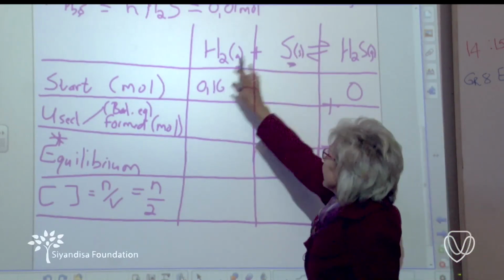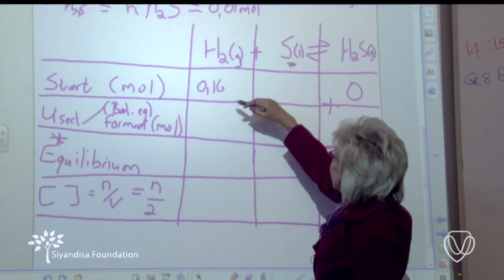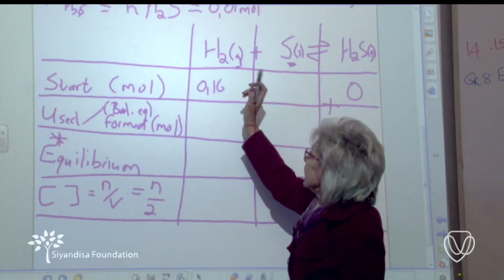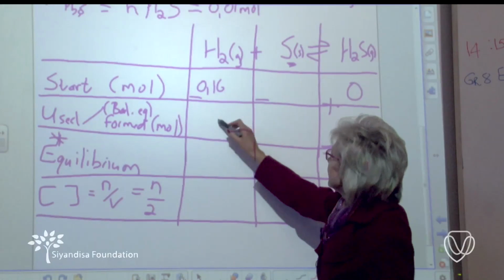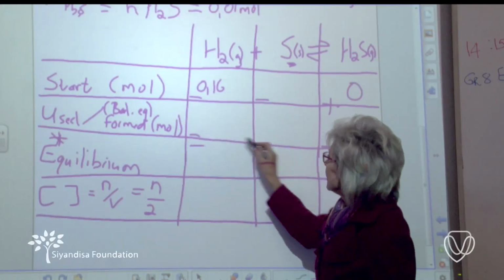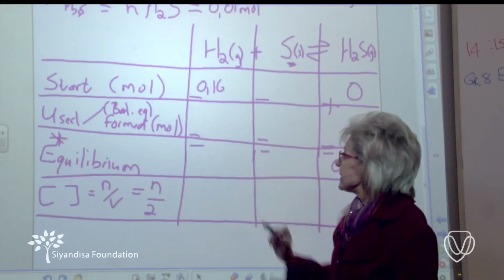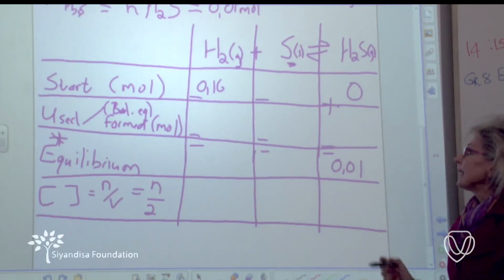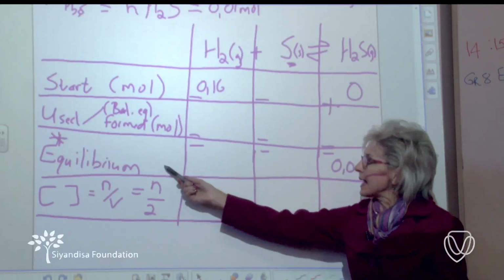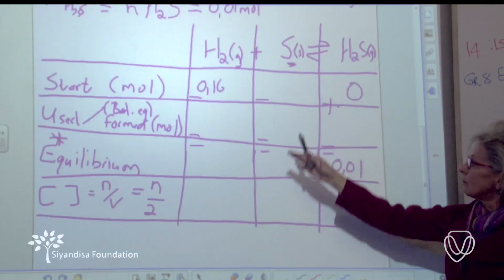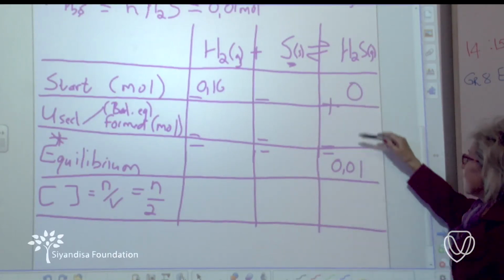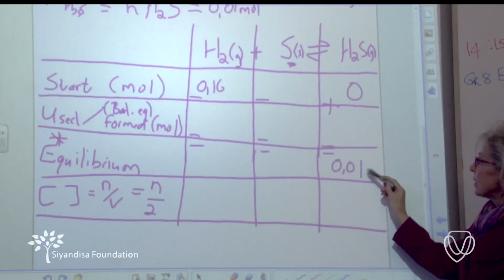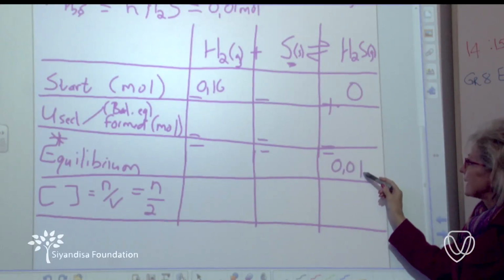On the reactant side, you start off with reactants, and whatever has reacted or been used will give you what is left over at equilibrium. And I need a value at equilibrium to be able to complete my table.